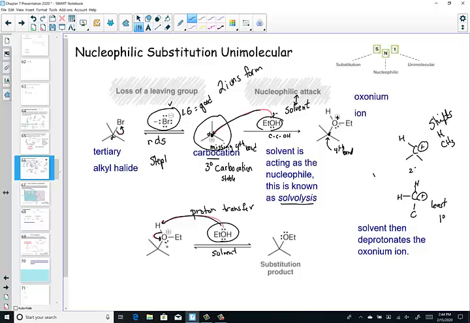This bond collapses and makes dots on the oxygen, and so no more formal charge on that oxygen once that next step of deprotonation occurs. So here, OEt, think about what that means structurally. You have an oxygen, then a 2-carbon link. We have formed an ether linkage in this substitution reaction.